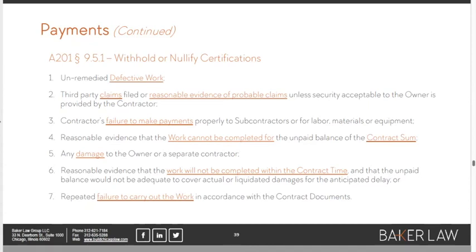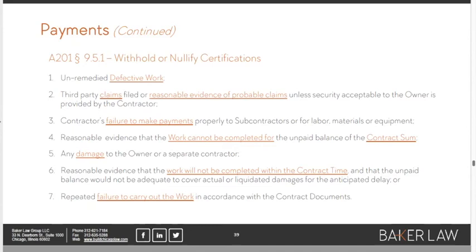Well, pull out your A201 and read what it says about what you're required to do as the architect. What if you're the architect and you're starting to get calls from subs saying, hey, I'm not getting paid? What is an architect supposed to do? Pull out the A201 general conditions, pull out the desk reference, and look it up.